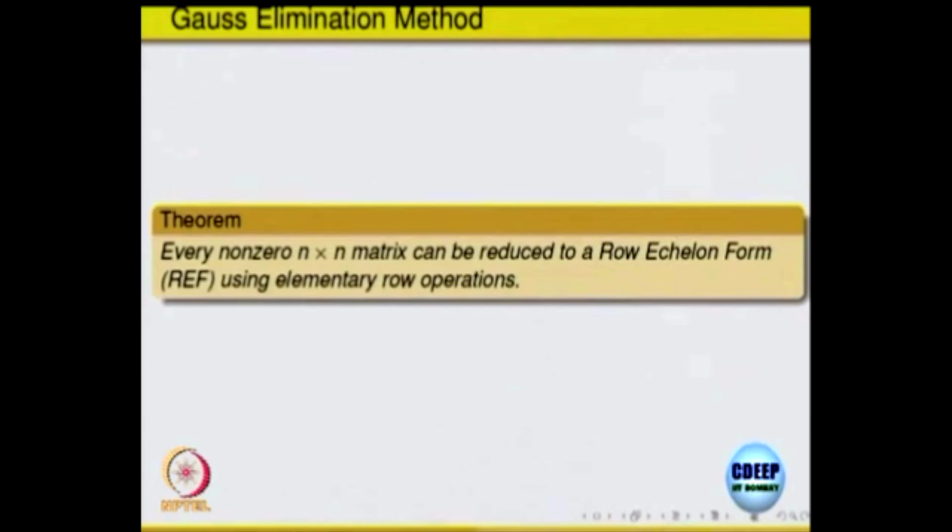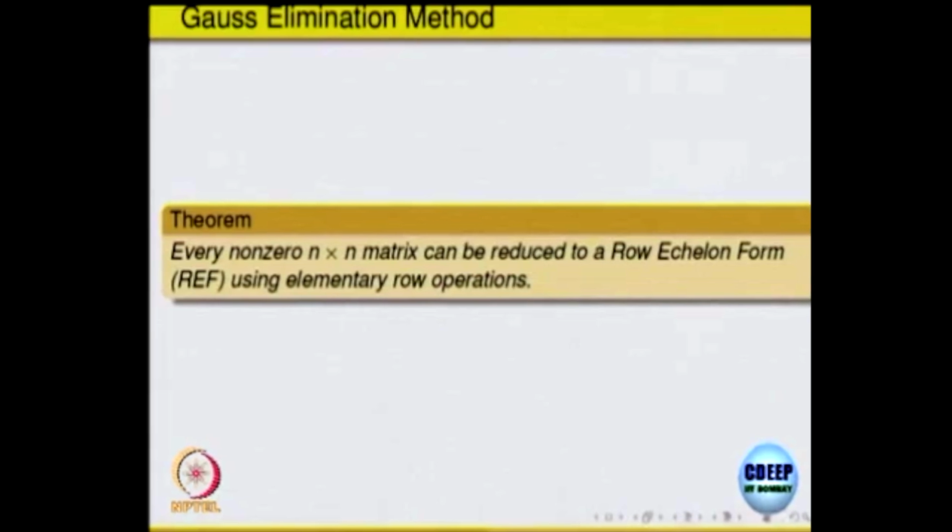The word a is used, indicating that there could be more than one row echelon form of a matrix using purely elementary row operations. Okay. So the row echelon form we will shorten as REF, and row operations we will write as row operations. This is a theorem, and we will see how the proof also goes as we do something.